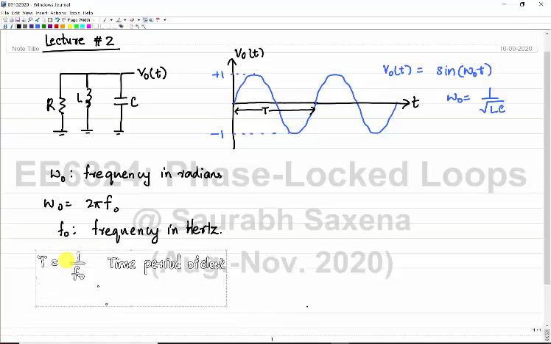Okay, now what happens is that in a real system you are not going to get such an ideal clock. Okay, so what is going to happen in reality? In reality, maybe you start with the 0 point here. Okay, just a minute.